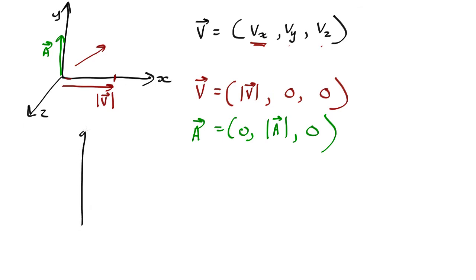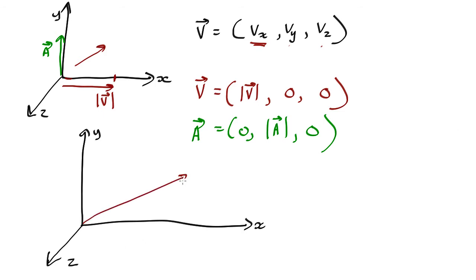Let's say we've got y, x, z, and a vector that's in the xy plane. Let's call that b. And let's say it's at an angle theta to the x-axis. Now what are the components?